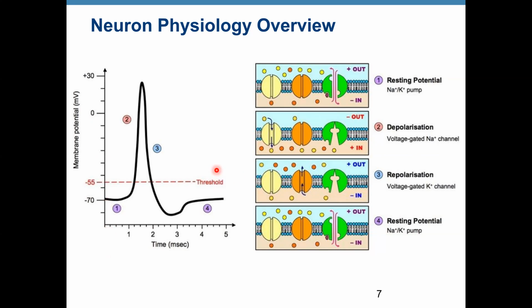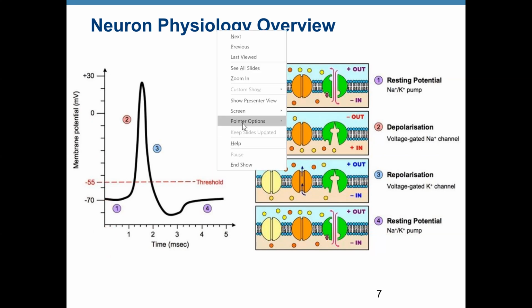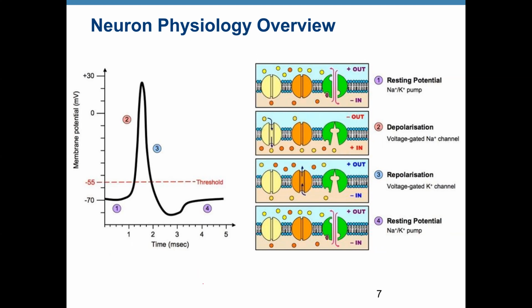Let me get a pen. So let's imagine this is a cell, and here's the nucleus. The cell is negative inside and positive outside. We haven't discussed yet how these charges are separated, but just look at it this way.